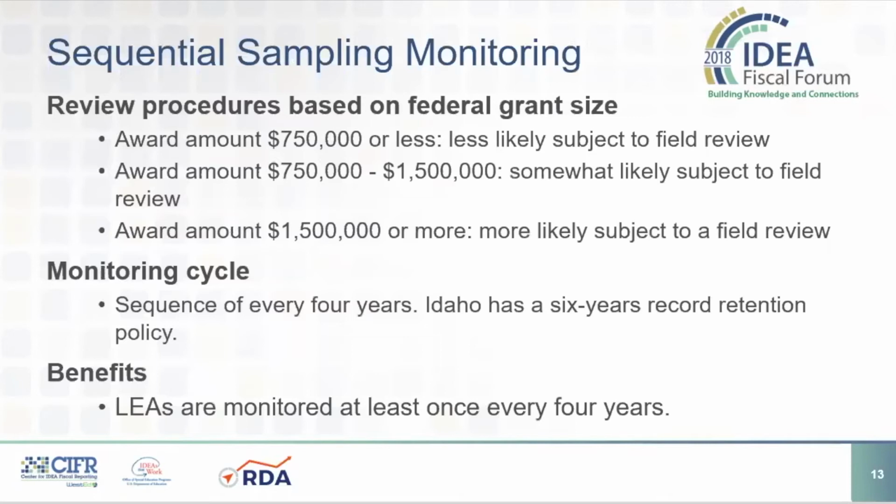We will use other criteria and judgment to make the determination. But if an LEA receives more than $1.5 million, then when the time comes for fiscal monitoring, it will be a field review. And what is the benefit of this selection method? Every LEA will go through this process at least one time every 4 years.